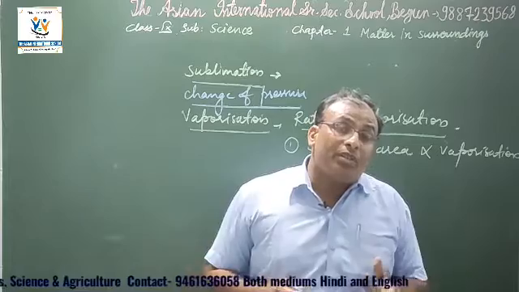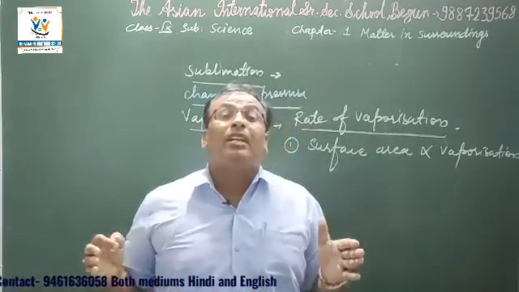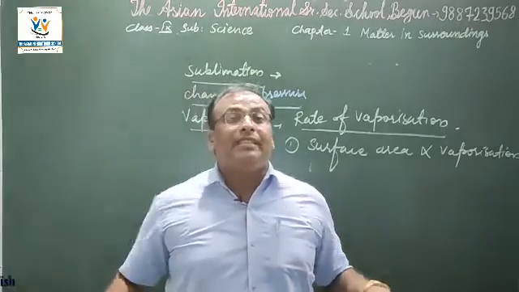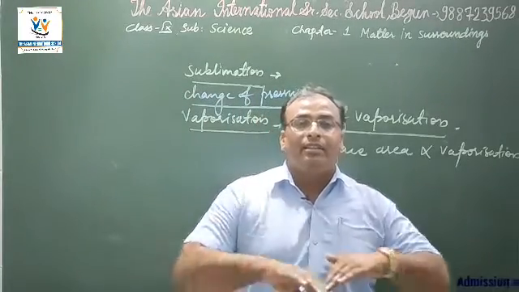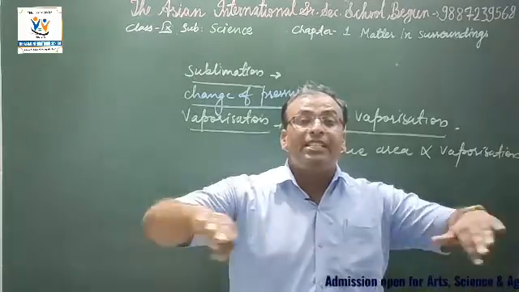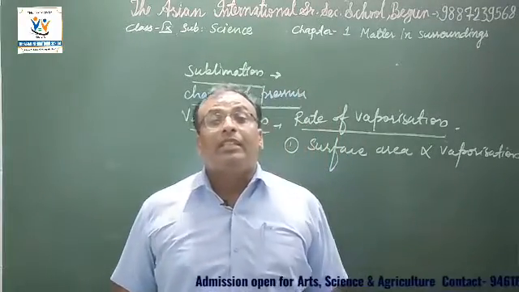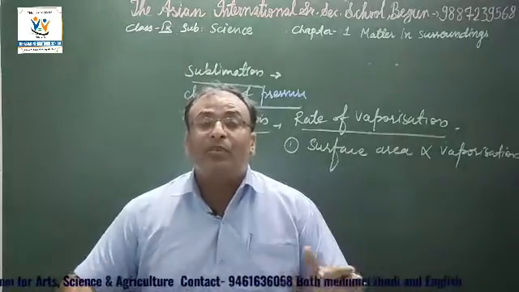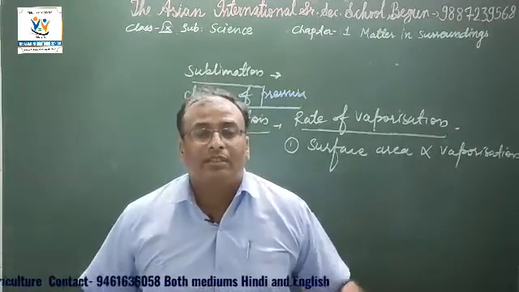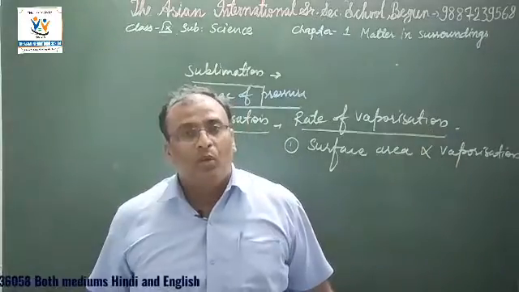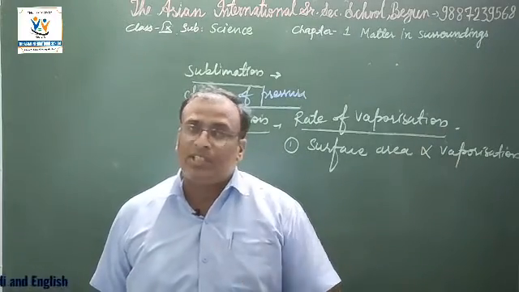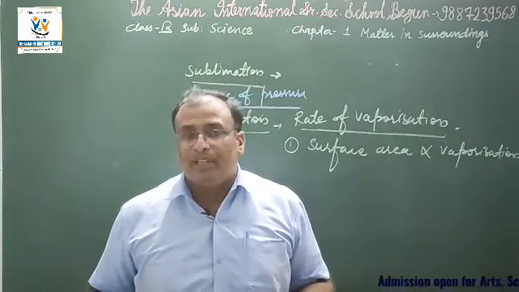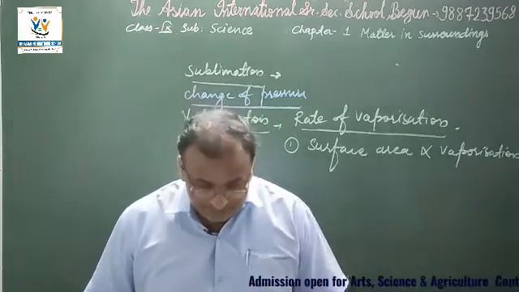We could keep all the clothes in a group, but we change their positions instead. So this is the first factor. When surface area increases, the water present in the cloth easily changes into its vapor state. As surface area increases, the rate of vaporization increases.